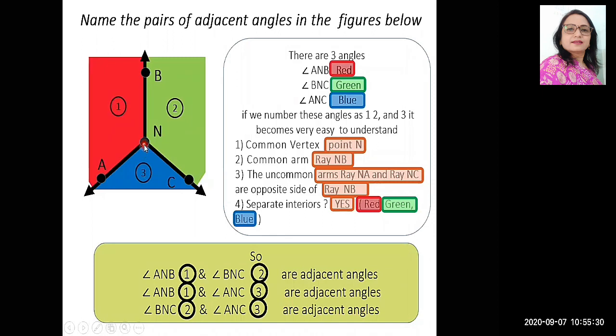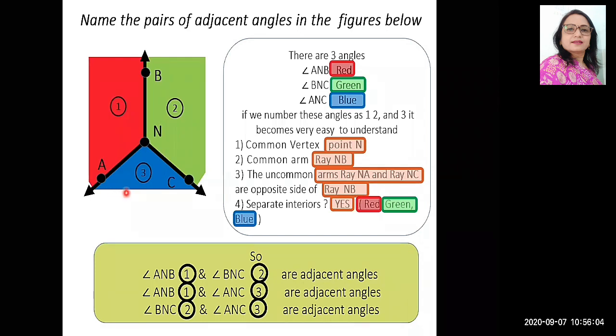Because they have a common vertex N. They have a common arm, ray NC, and their opposite rays are ray NB and ray NA. So the second and third angles are also adjacent angles because their interiors are also separate. Understood?